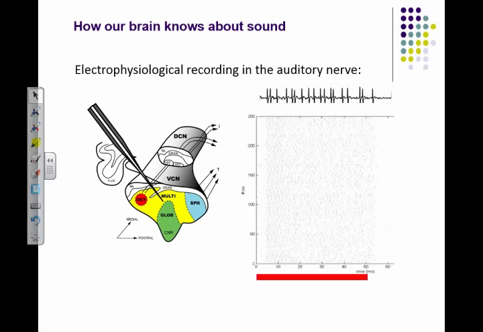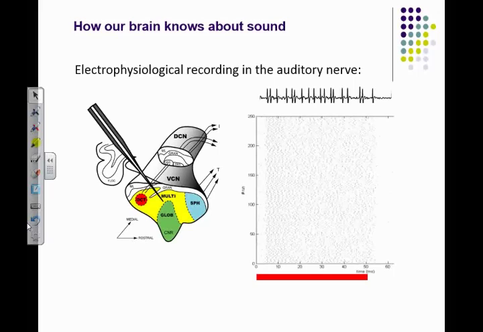One way of analyzing these is to first repeat this simple experiment. This red bar is the sound, a 50 millisecond sound. We do that 250 times, and every dot here is one spike, one action potential. You see that the neuron responds relatively always in the same way, namely it waits a little bit, then it responds a lot, it responds a little bit less, and then it doesn't respond anymore at all.